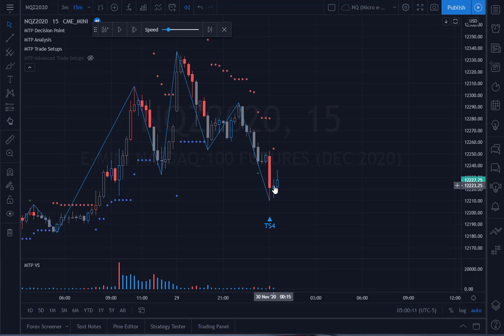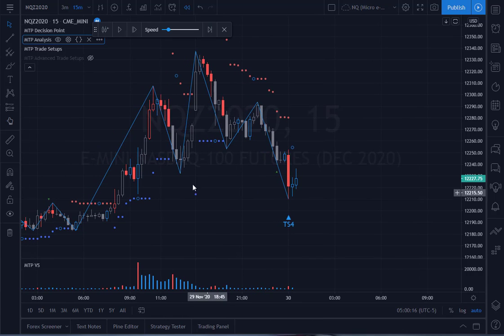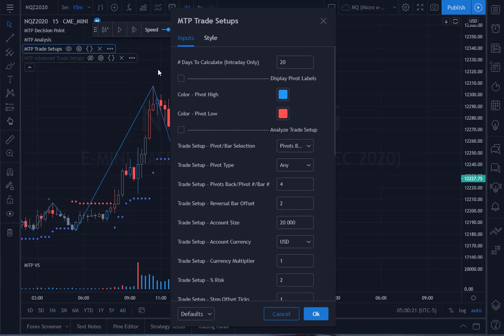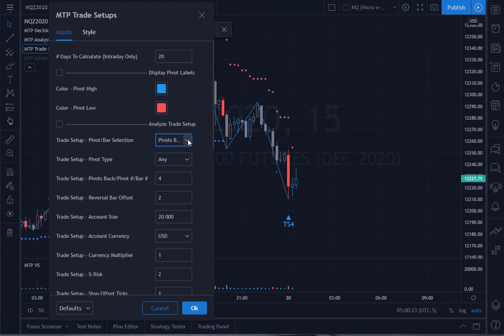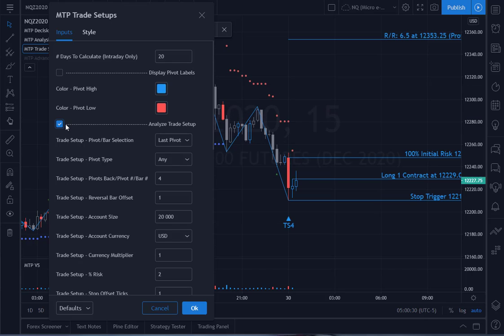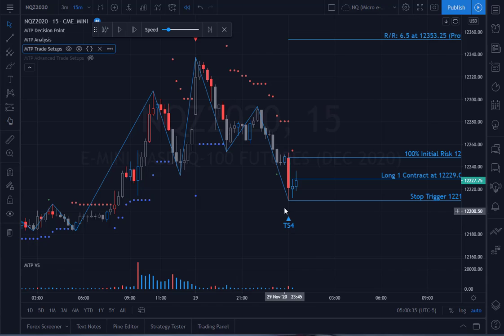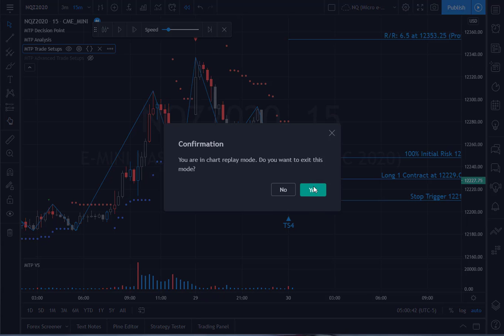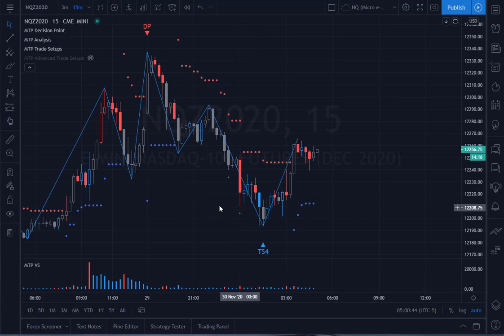Remember, it has to be one bar past to then trigger the analysis to be calculated on that bar. And then once you've got that there, you can then go into your trade setups and do your analysis just as in the normal way. And there it is. Click the Analyze Trade Setup, and there's your analysis back on the chart. So you're analyzing what would have happened as of at that time using where the history triangle was. If I turn training mode off, go back to normal charts.